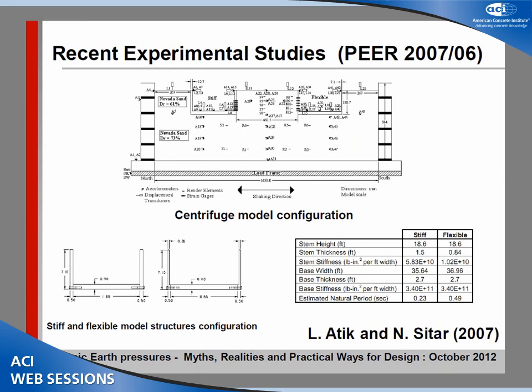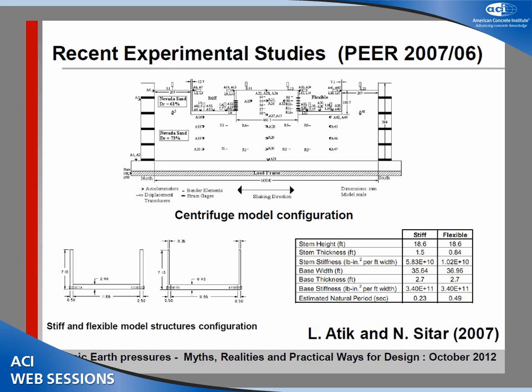Now, I would like to show very briefly some experimental results. These were done at the University of California, Davis in 2007, and these were used during the design of the Bay Area extension in San Francisco.